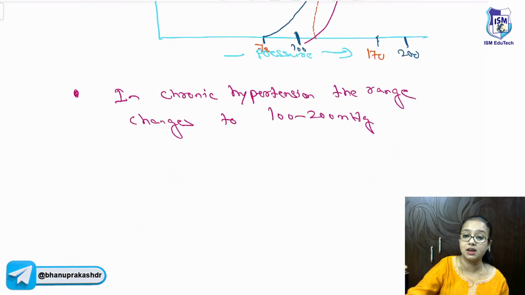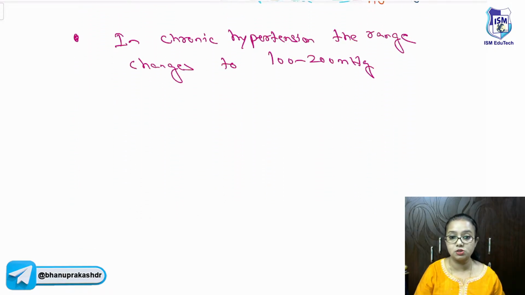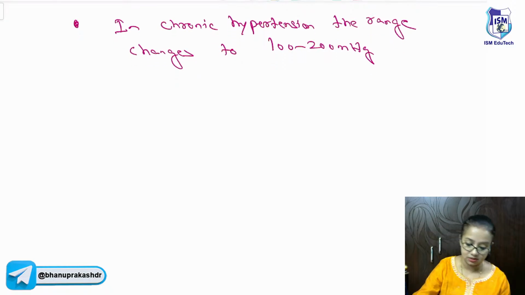When the ventricle has to pump blood under such high pressure, it is detrimental for the ventricular function, for the pumping of the ventricle.